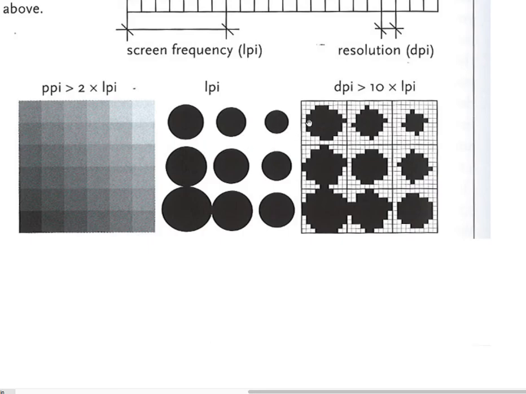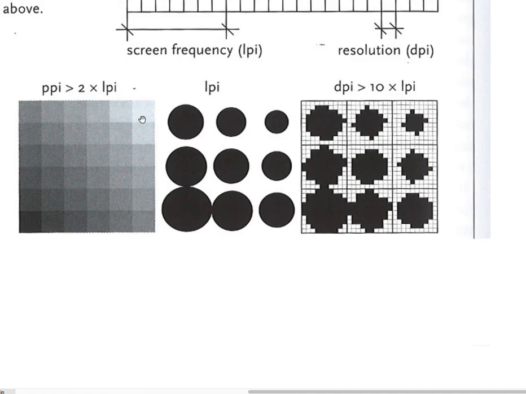But then to create these halftone dots, you have a smaller grid that will fill in to create those dots. And so if there's, say, 5, 10, 20, 30, this would be 30 DPI across. This is 3 lines per inch, and this is 6 pixels per inch.